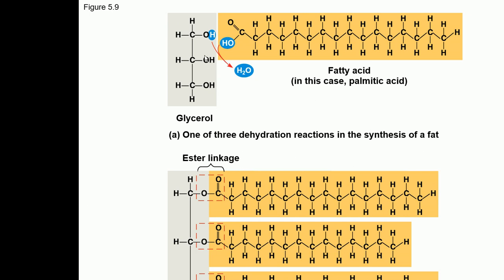You can see here, they're together losing a molecule of water, and that's resulting in the formation of an ester linkage. So this kind of bonding is called an ester linkage. The same thing happens at the second hydroxyl group, and the same thing happens at the third hydroxyl group, and you can see the formation of these ester linkages, and this results in the linking of 3 fatty acids to 1 molecule of glycerol. So this is a fat molecule, or it's also called a triglyceride.